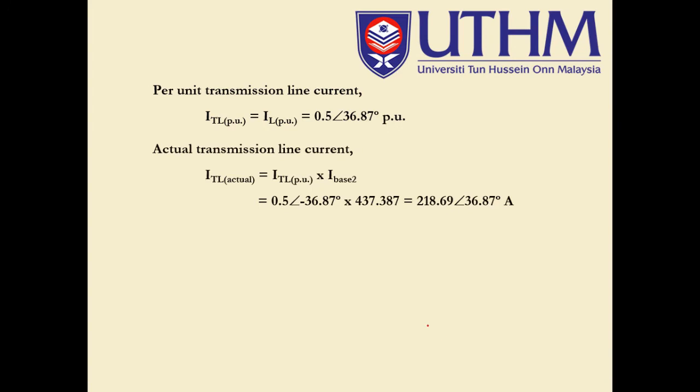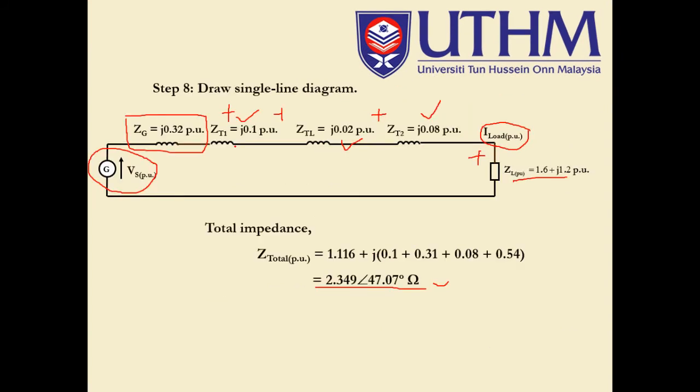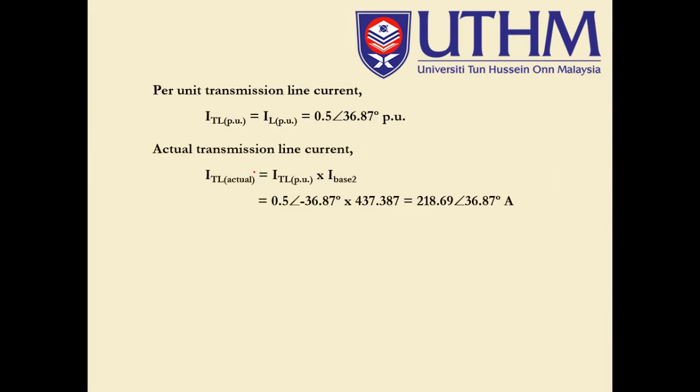So how about the per unit transmission line current? So since our equivalent impedance circuit over here is connected in series, so all in series, we can say that the transmission line current PU is equal to load current PU equal to 0.5 angle 36.87 PU. Okay, actual transmission line current.